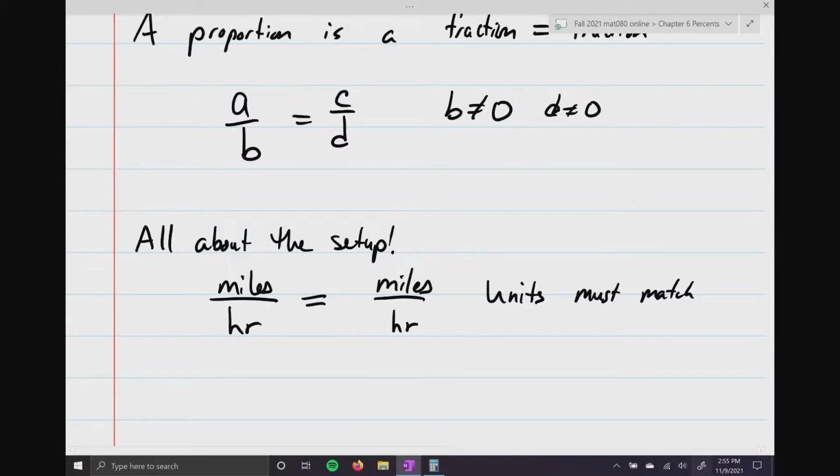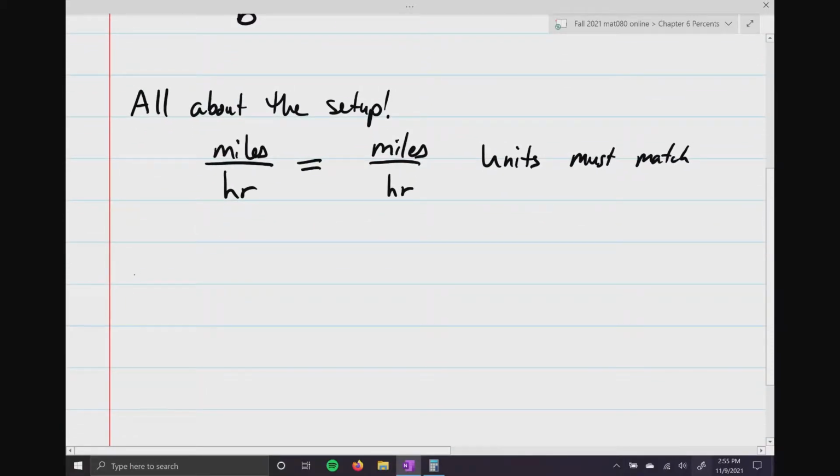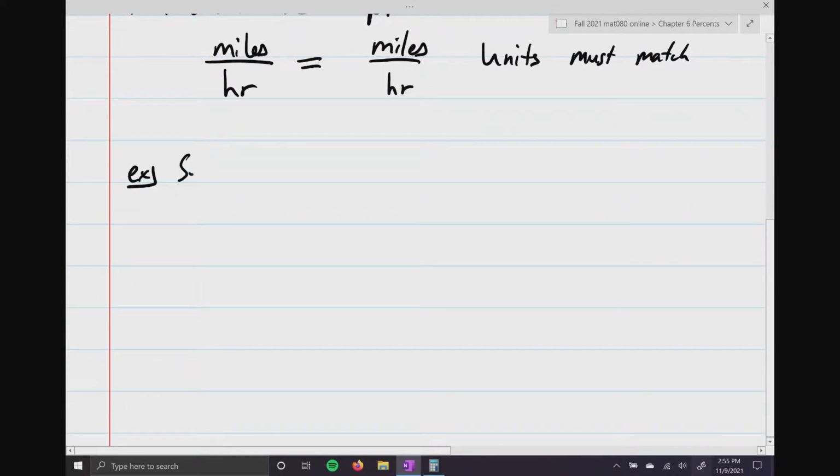So, real quick, we're going to do one example of just setting up a proportion. Set up the following proportion.